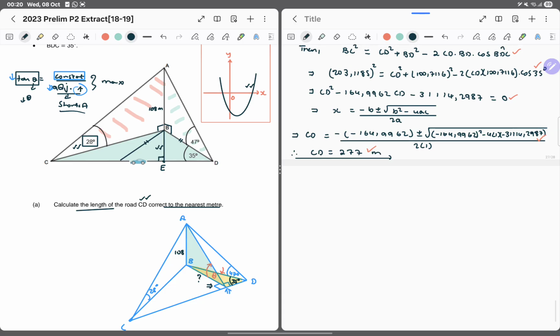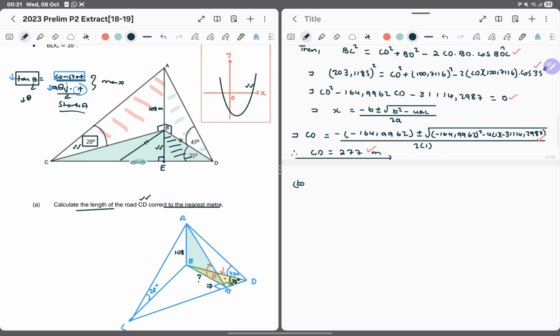Alright guys, so for B, it's a bit of a situation. Technically, we're going to work on this triangle first. This is the triangle on the ground, which is the yellow one that I showed over there. So all we need is to find that BE, okay?